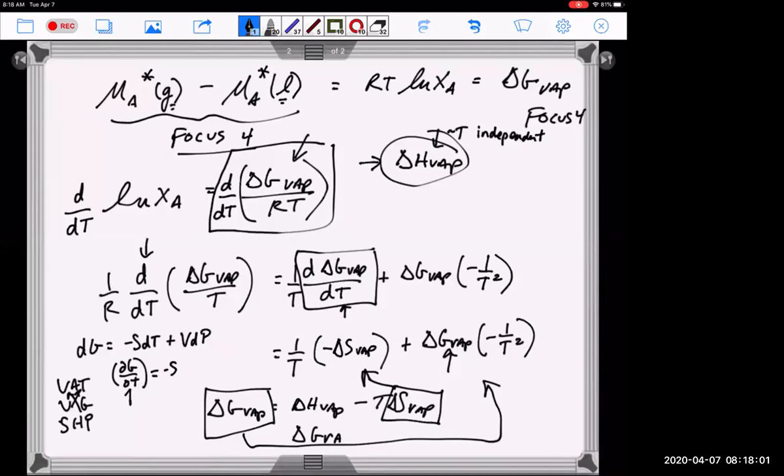Okay, so let's do, well, we just plug in for how the equation is written.